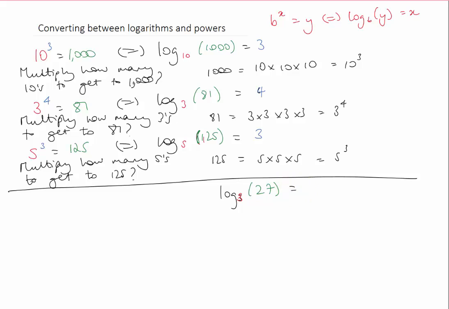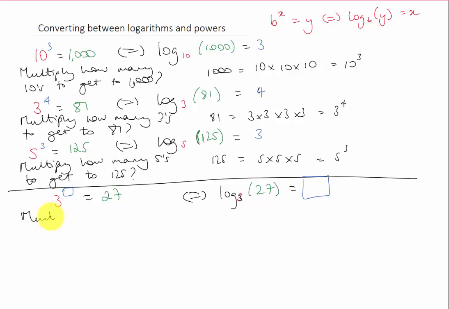And we want to know what that number is. So we know that that's equivalent to saying that we want to know 3 to the power something, so that's this same number here, is equal to 27.